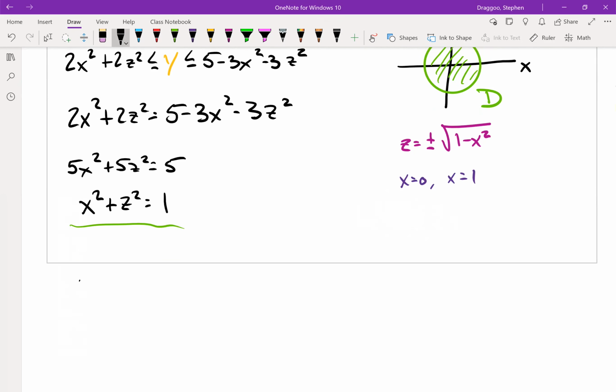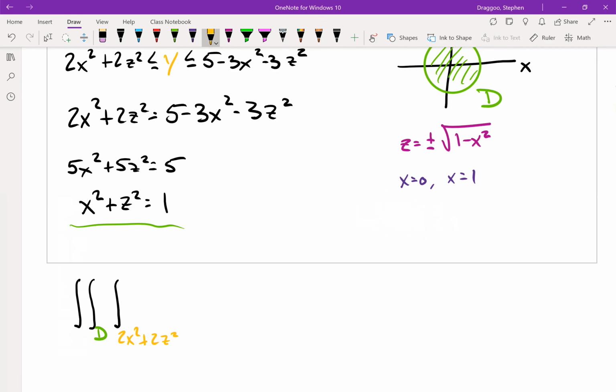I'll start with saying that we just are going to have a double integral over the region D, and then a triple iterated integral where we know what y needs to go between. The bottom part of that paraboloid is going to be 2x squared plus 2z squared.